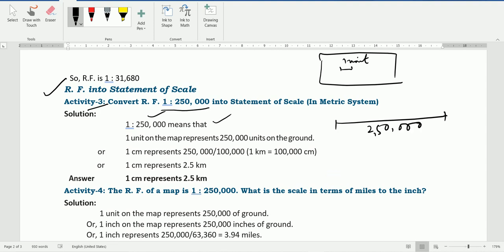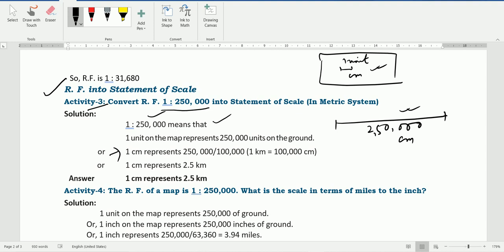If you give centimeter, then it will become centimeter. That means 1 centimeter on the map represents 250,000 centimeters on the ground.